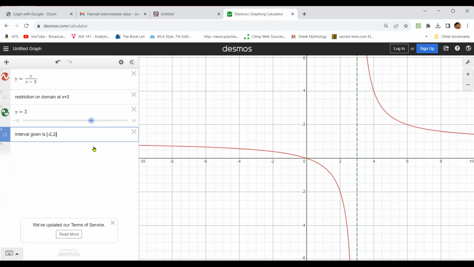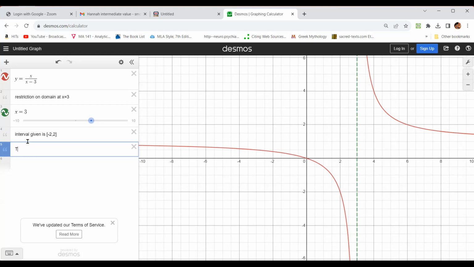My asymptote is at 3. My interval given is from -2 to 2. So am I going to have a problem here? No. Here's why.